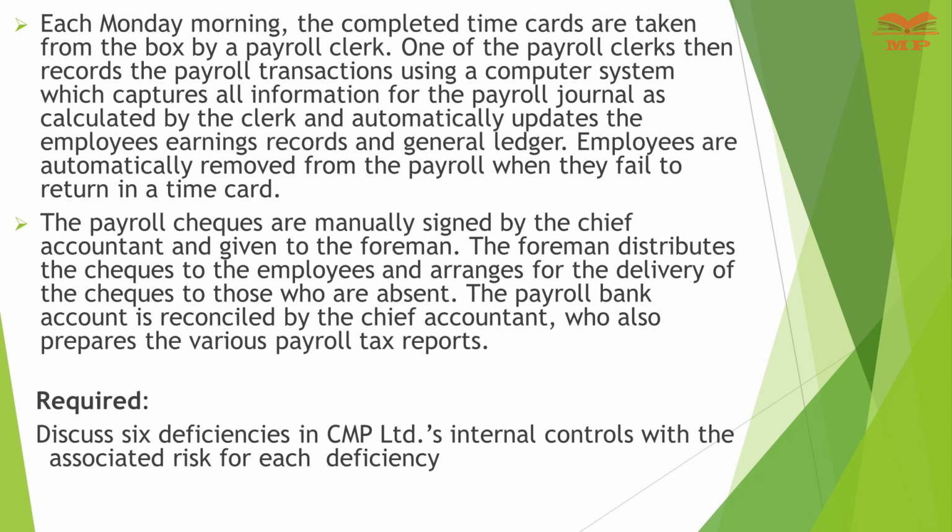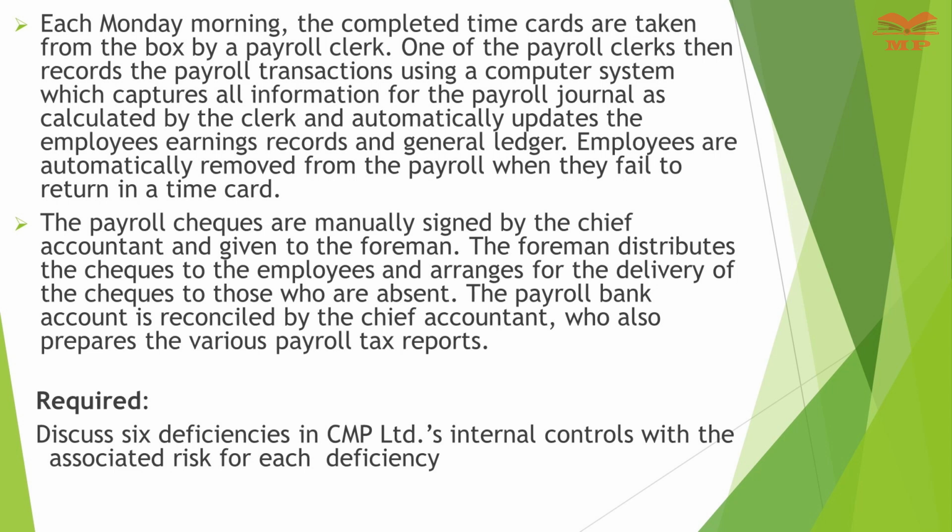The payroll checks are manually signed by the chief accountant and given to the foreman. The foreman distributes the checks to the employees and arranges for the delivery of the checks to those who are absent. The payroll bank account is reconciled by the chief accountant, who also prepares the various payroll tax reports.